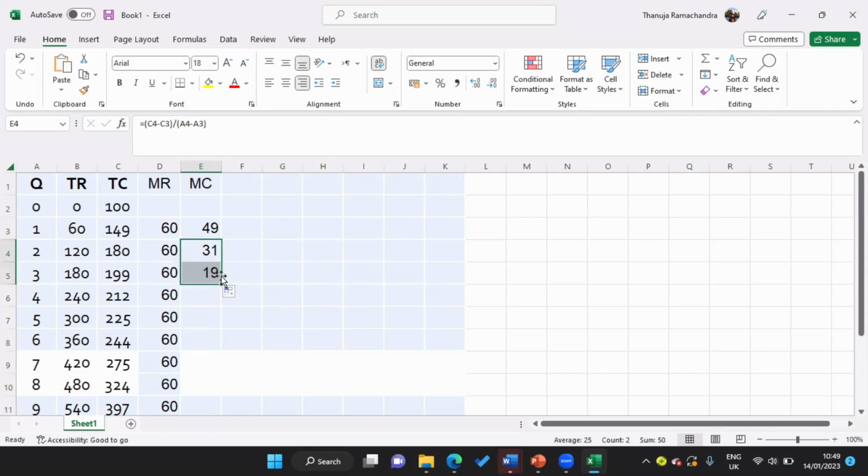So we'll see the next one. I'm going to drag it, right? 31 becomes 19, right? You can see the total cost is increasing, but the additional is falling, right? Here 199, 180, 199 to 12. It's still increasing total cost, but what happens to additional cost? 30, right?